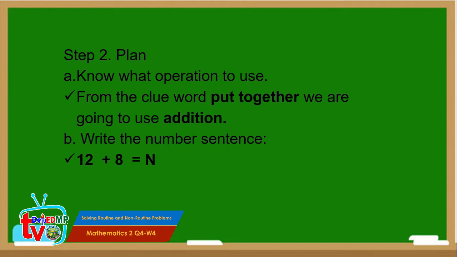So from the word problem, the clue word is put together. So put together means you're going to use addition. Then letter B, you write now the number sentence. So it is 12 plus 8 equals 20.